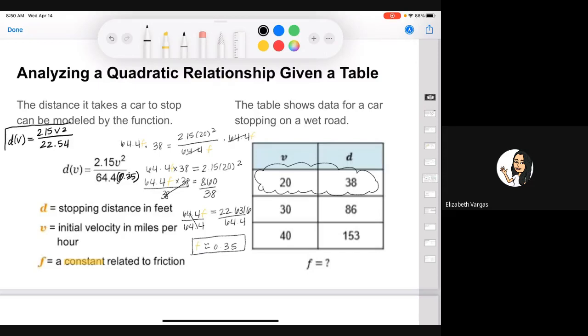And so this will be my equation, which will more accurately represent what's going on here, my model. Whenever I'm given information, I need to identify my constant in order to get a quadratic equation which will represent my model. And I got that after I found my constant, which is f.